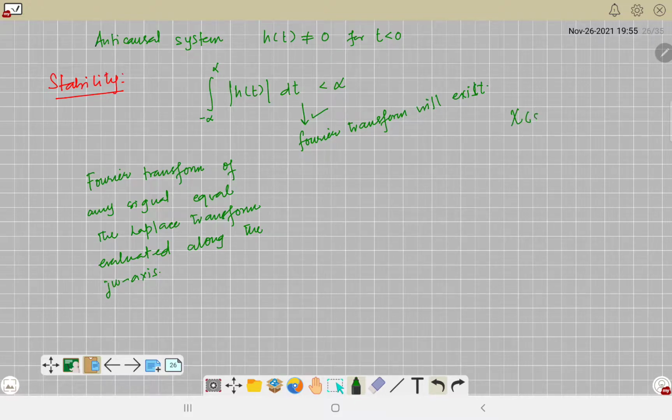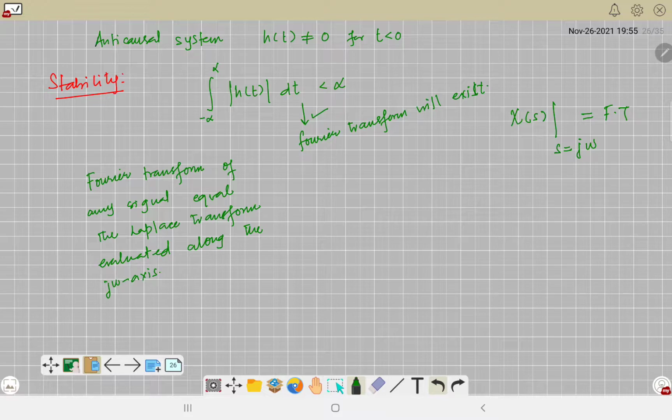Because if you remember, the Laplace transform of s computed over s equal to j omega is actually the Fourier transform. Okay. So for stability for an LTI system, its impulse response should be absolutely integrable. Now in terms of system function, it means you can define the Fourier transform of this impulse response because it is absolutely integrable. Then Fourier transform is related to Laplace transform in the sense that Fourier transform is actually the Laplace transform evaluated along the j omega axis.